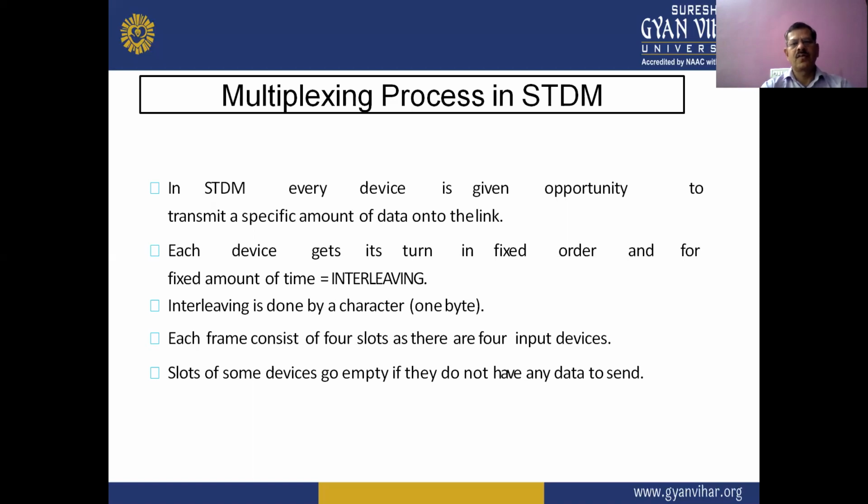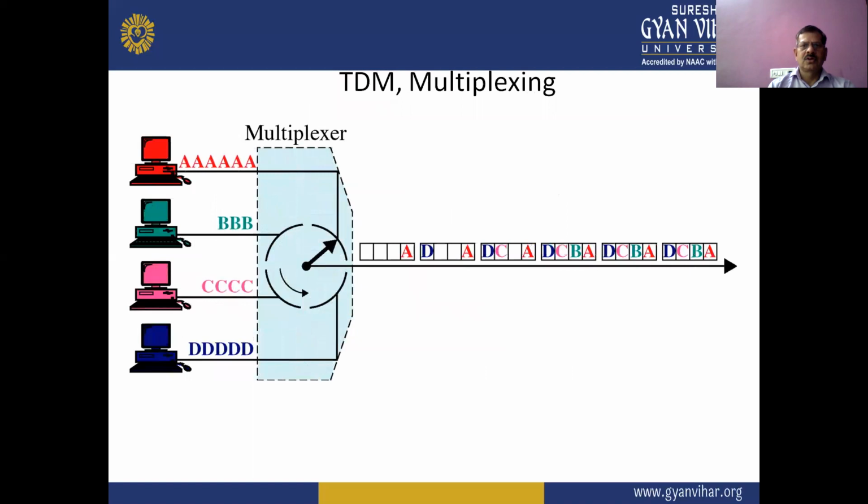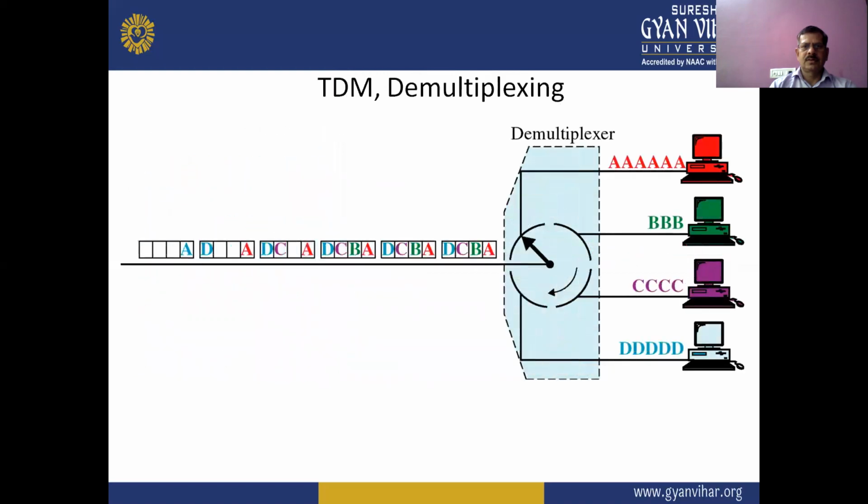Each frame consists of 4 slots as there are 4 input devices, and the slot of some device goes empty if it does not have any data to send. So this is the multiplexing system of synchronous TDM, and this diagram also shows the demultiplexing system of STDM.